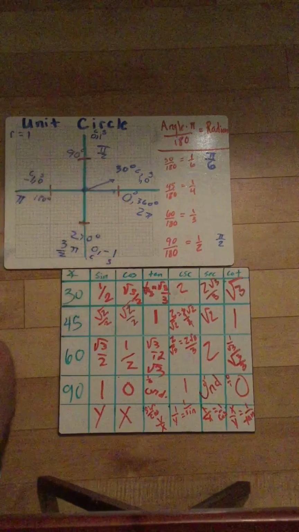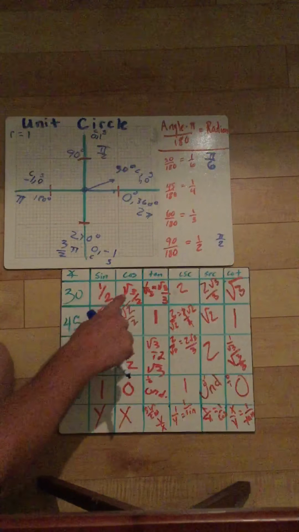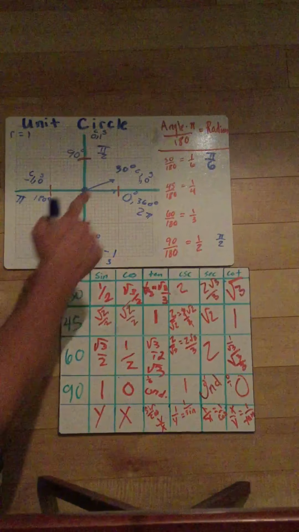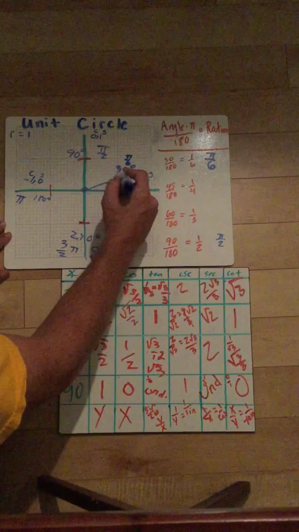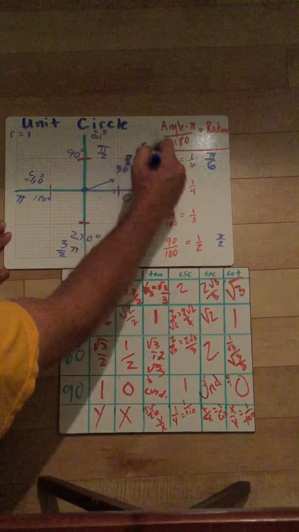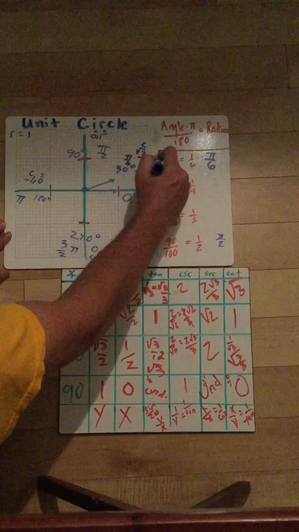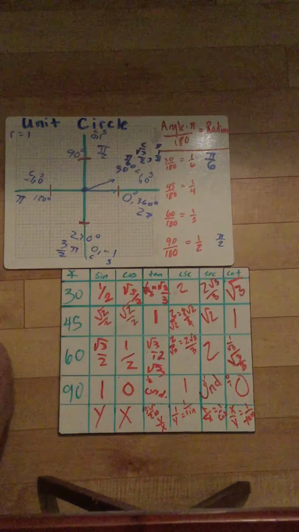Every 30-degree angle is going to have this y and x value because it's the cosine and sine. So 30 degrees, which is pi over 6, is radical 3 over 2 for the cosine, or the x, 1/2 the sine, or the y value.